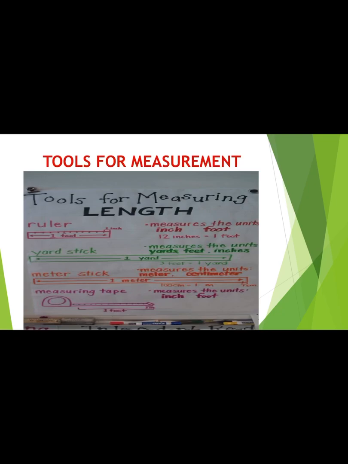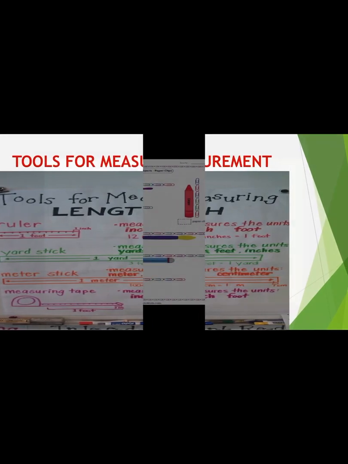Meter stick measures the unit meter or centimeter. And we know that 1 meter is equal to 100 centimeter. Measuring tape measures the units inch or foot. So these are the tools for measuring length.